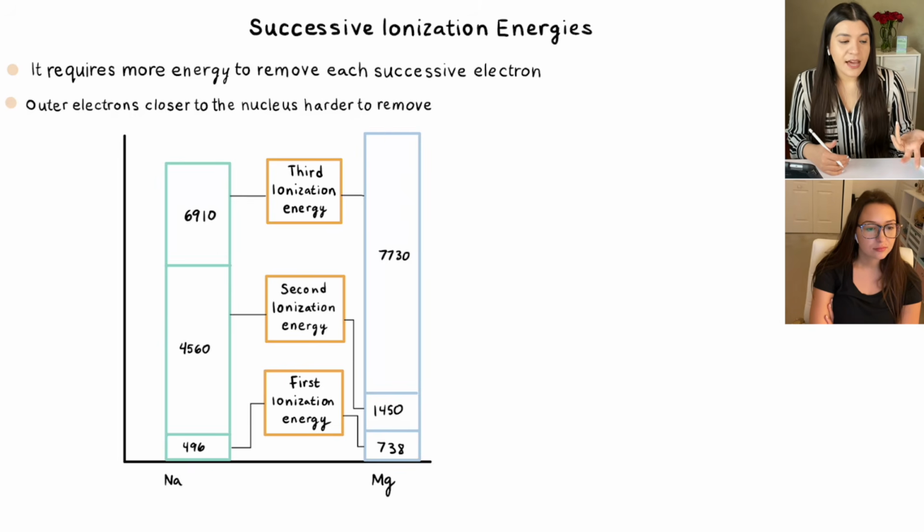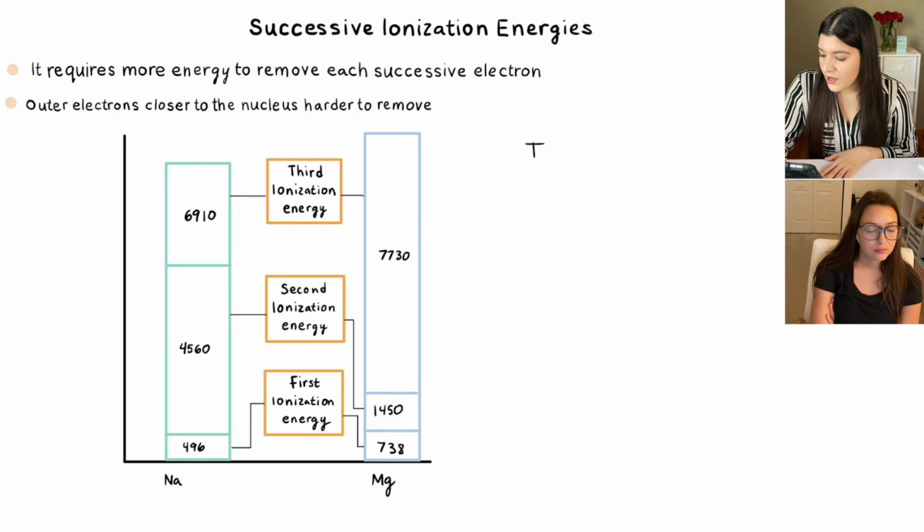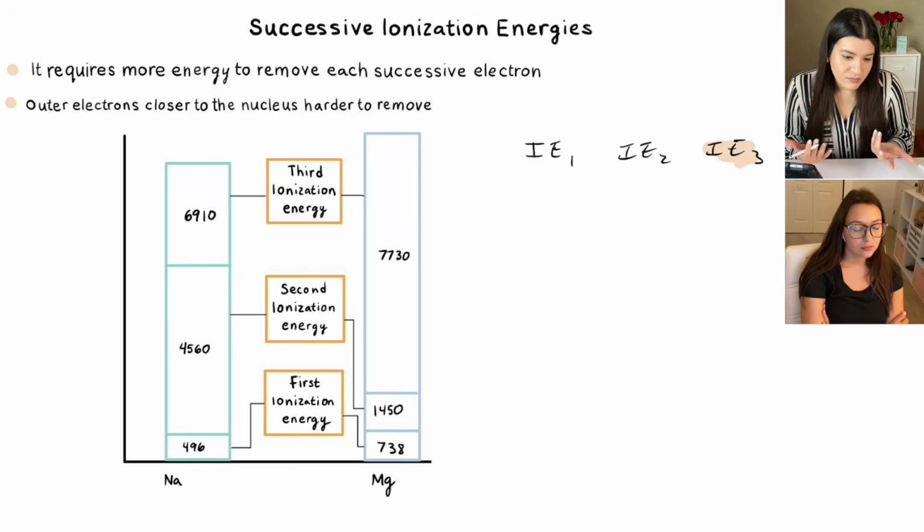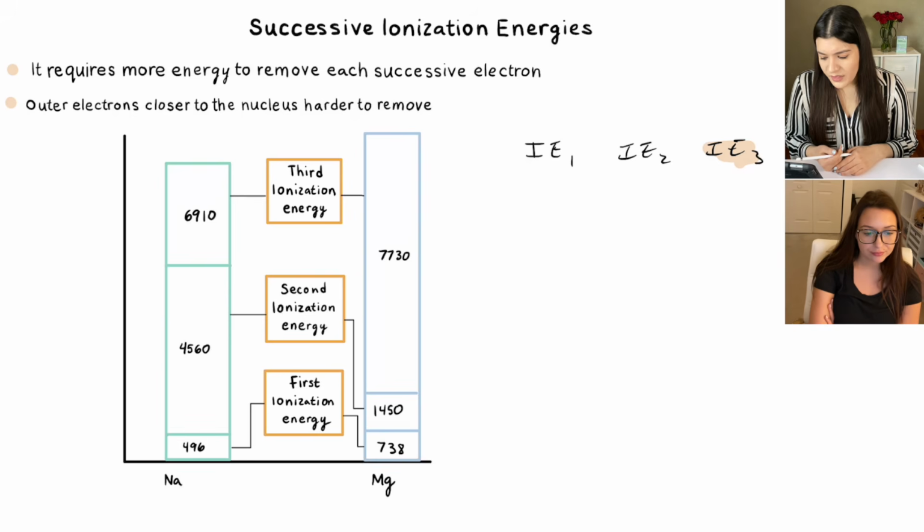So if they ever ask you which ionization energy is going to be the highest, and they give you ionization energy 1, 2, 3, and so on, the one that is the highest would be the one with the largest number, like the third one. You know what I'm saying? Right. That's pretty much all you have to know for a question like that.